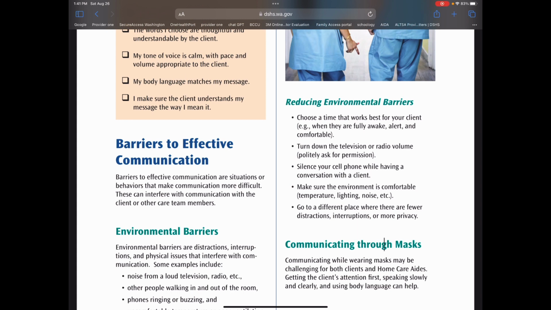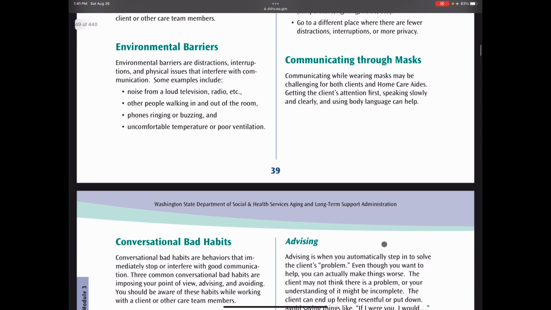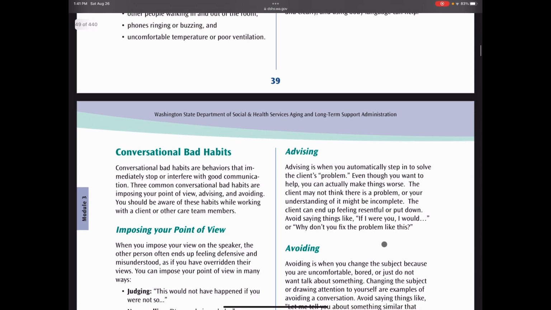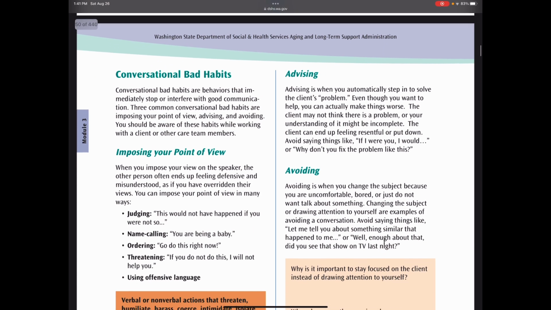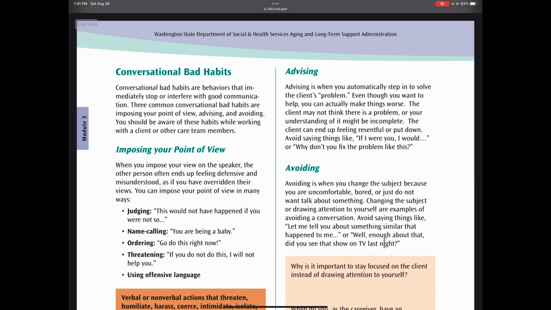And sometimes the way we communicate, conversational bad habits, are the problem. Like imposing your point of view, judging. This would not have happened if you were not name calling, ordering, threatening. Use of offensive language is not good. Advising is not advisable, or avoiding, these are not good.